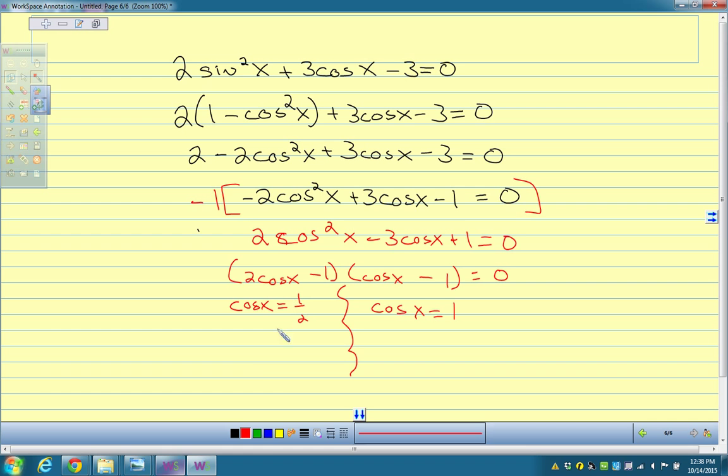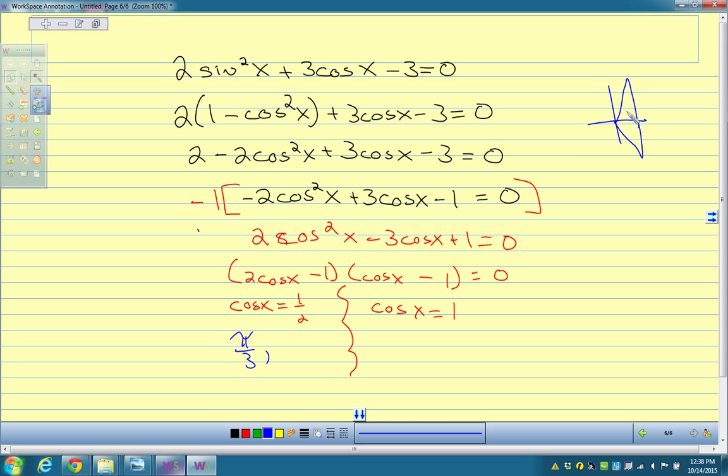And cosine x, who knows where cosine x is equal to 1/2? Pi over 3, and then again cosine is positive over here, right?